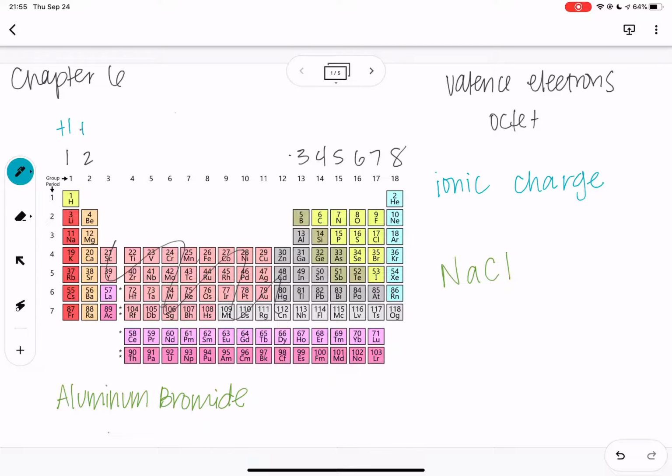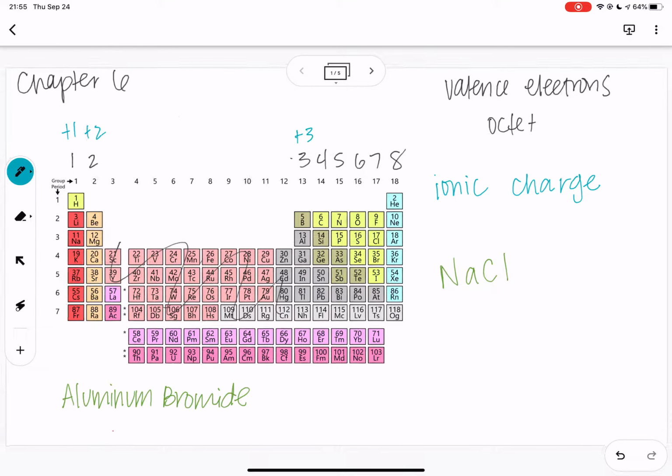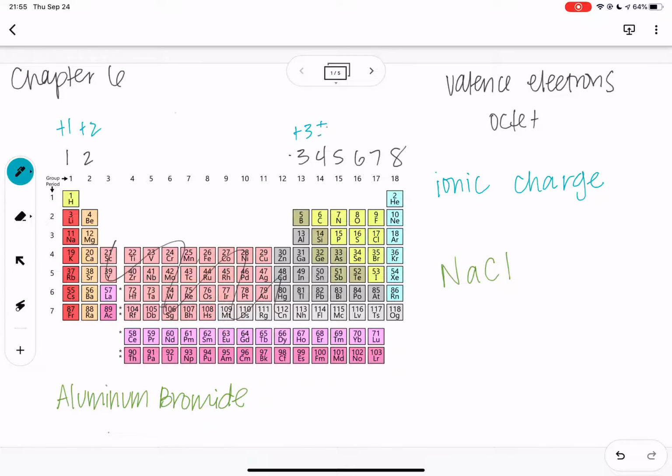Plus 1, plus 2, plus 3, plus or minus 4, minus 3, minus 2, minus 1, 0. All right, it makes sense that everything in group 18 doesn't have a charge. The ionic charge is 0 because it's all stable. It's all following the octet rule. It doesn't need to gain or lose any electrons.